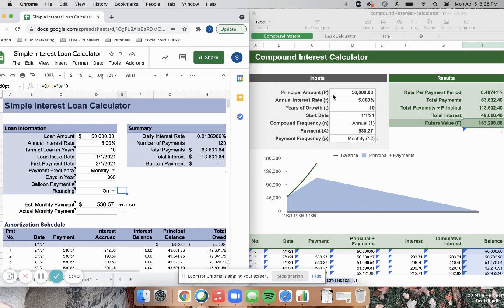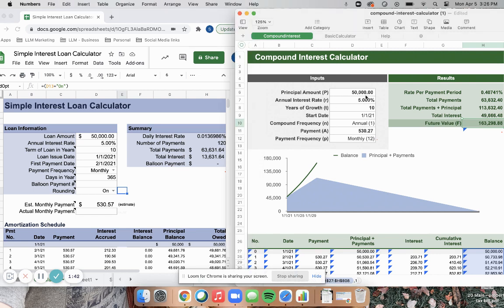Right, so if we're looking on the right-hand side now, on the green side, you see the exact same thing on the compound interest. $50,000, 5% annual compounding rate, 10-year period, with a monthly payment exactly the same. And the question is, well, how do they compare if we're going apples to apples and we look at the rate of return that we're paying and the overall interest that we're paying?